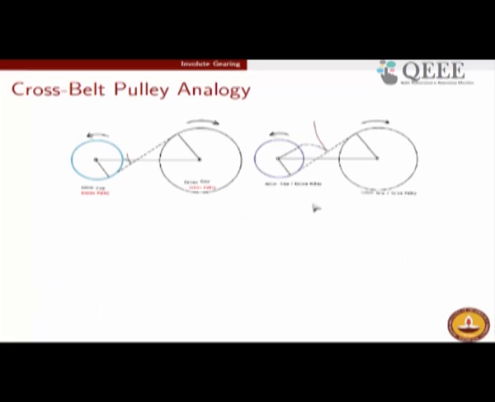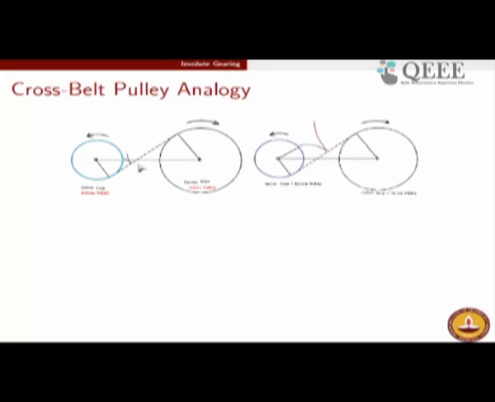Now to re-establish the point that the involute tooth profiles actually satisfy the fundamental law of gearing, as I said, I will use a different proof, not relying on this experimental model, and that proof is based on what is called the cross belt pulley analogy. The cross belts, as you know, are like an internal tangent between the two circles.